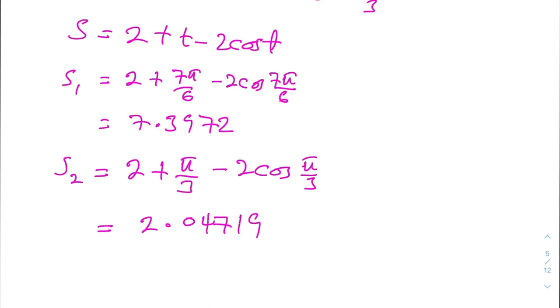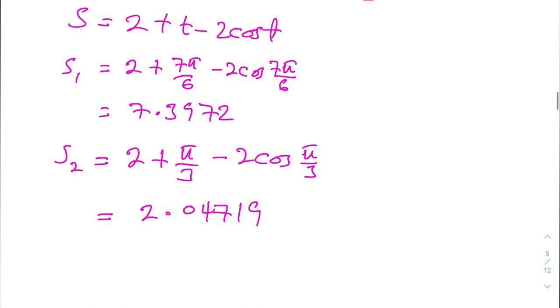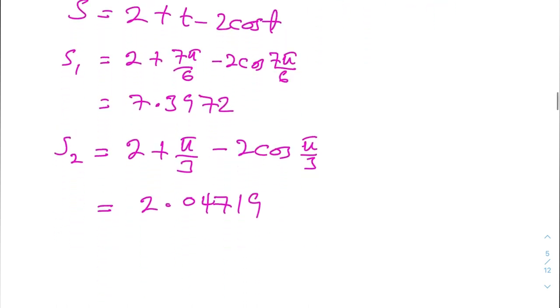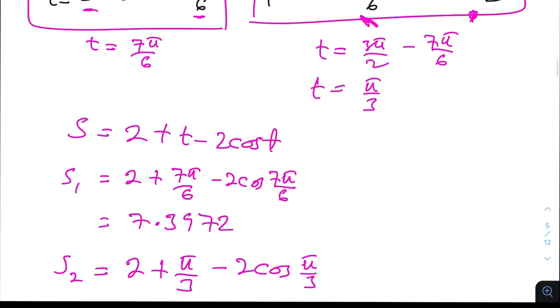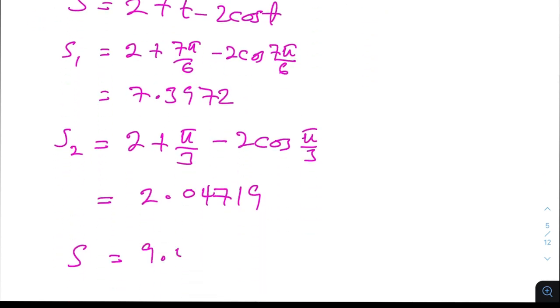Then now what I have to really do is to sum the two together. All right, so I'm going to get 7.3972 plus that, and then that means that my total distance traveled from 0 all the way to 3 pi on 2 is going to be 9.44 meters.